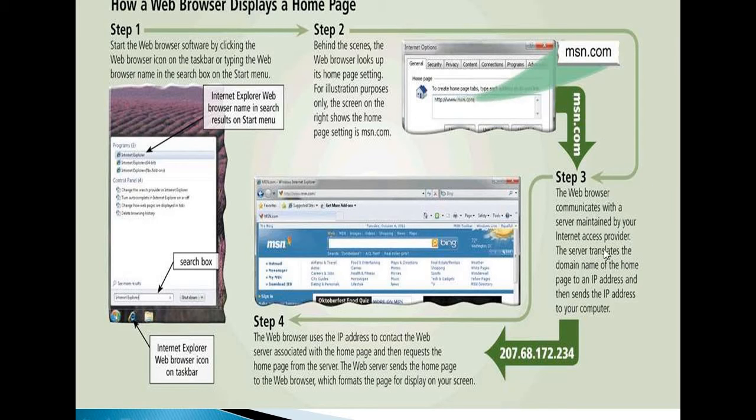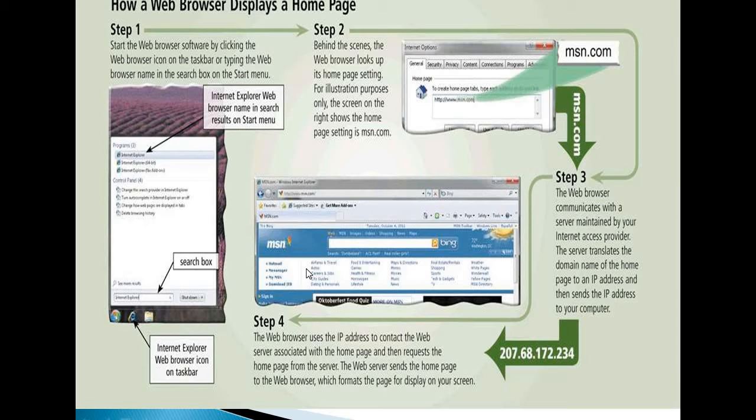And here is how the web browser communicates with different internet access providers, using the specific domain name of the home page to get an IP address which is sent to the computer. Here is an IP address. The web browser uses the IP address to connect to the web server associated with the home page, here the home page of msn.com.